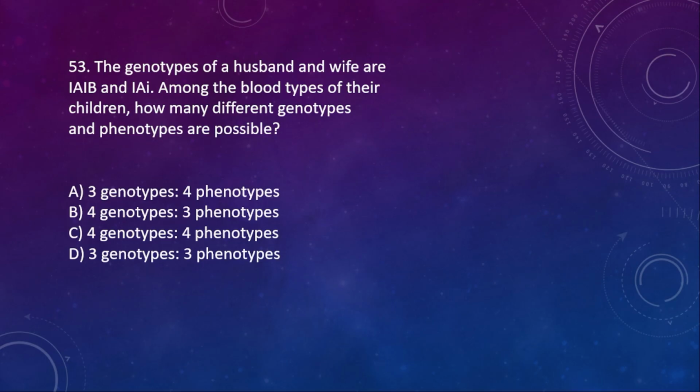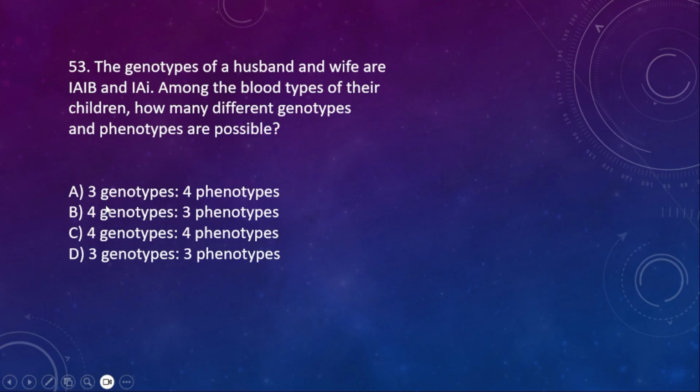Next one, 53rd question. The genotypes of a husband and wife are IA IB and IA i. Among the blood types of their children, how many different genotypes and phenotypes are possible?